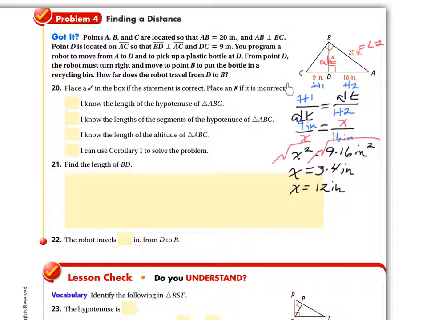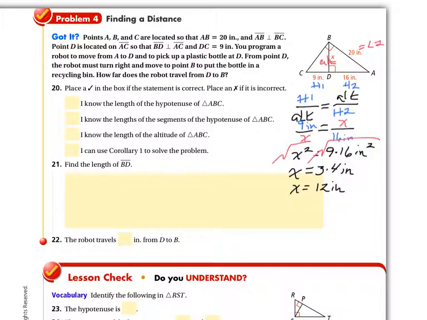Point D is located on AC, so that BD is perpendicular to AC, meaning they've given you an altitude. I probably would never give you a story like this without giving the picture associated with it, because it's hard enough to do this than to be given this and try to figure out the picture. And so they're just describing to you a robot traveling from one place to another. But aren't we finding length?